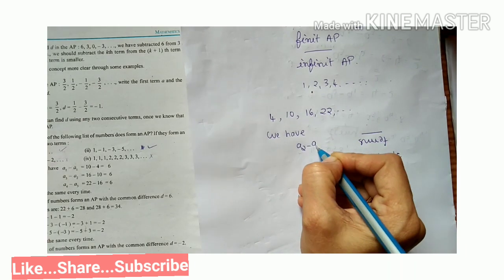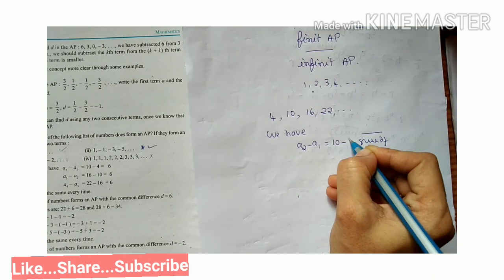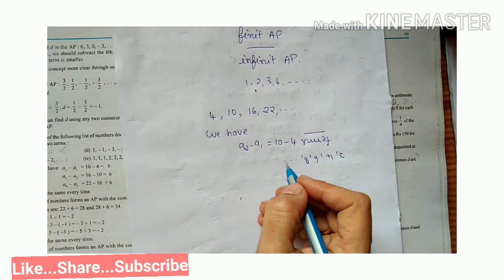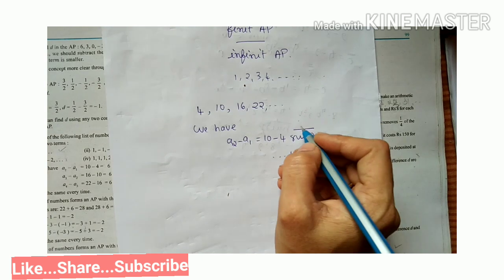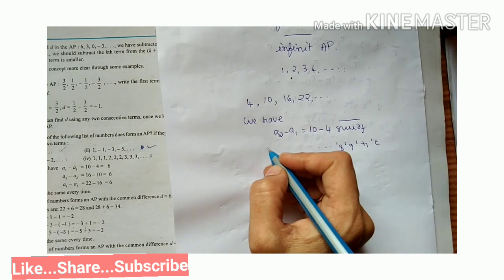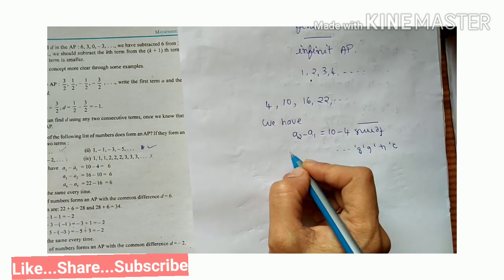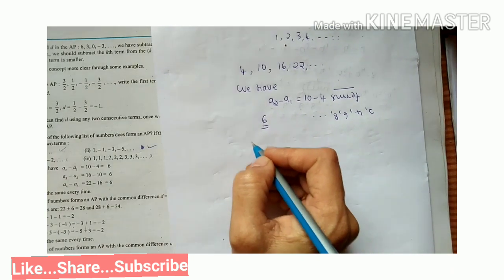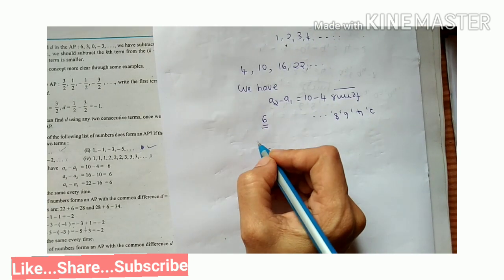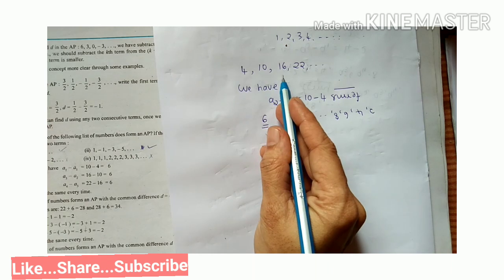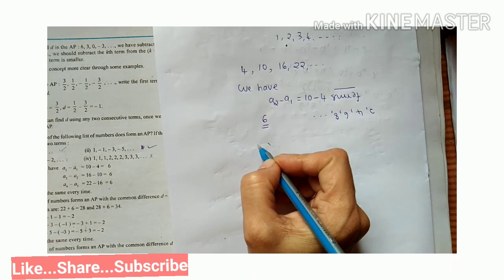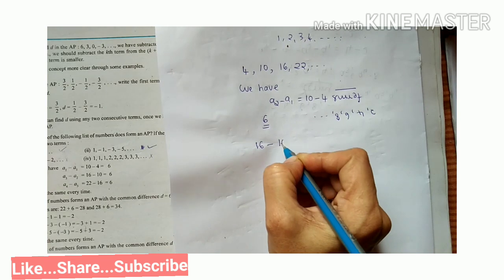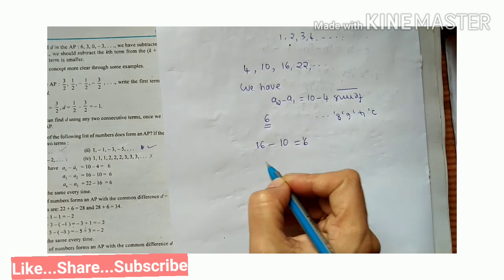A2 minus A1, 10 minus 4, is 6. Next consecutive difference, A3 minus A2, 16 minus 10, is 6.